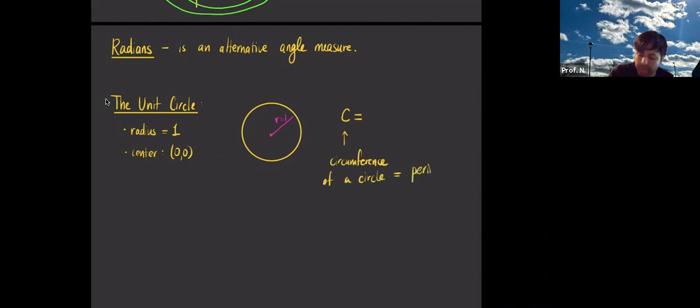We're looking at the perimeter of a circle. So if I go around the circle, the length of it tells me the circumference. And for those of you who don't remember, the circumference is 2 pi times the radius, right? That's one of the formulas. So what would be the circumference of a unit circle? Well, if the radius is 1, the circumference would be 2 pi.